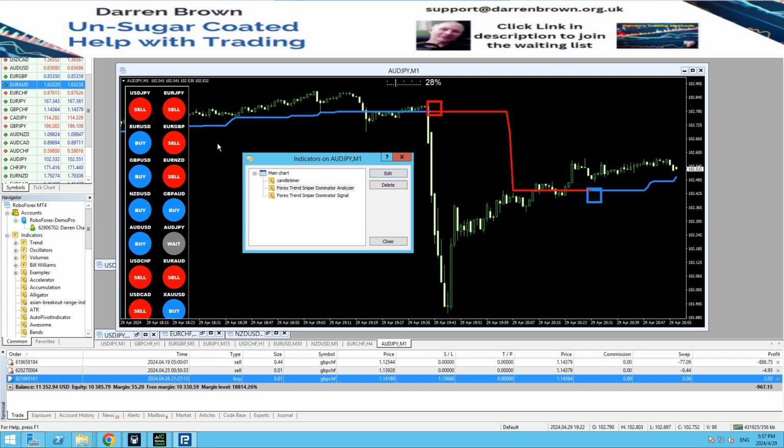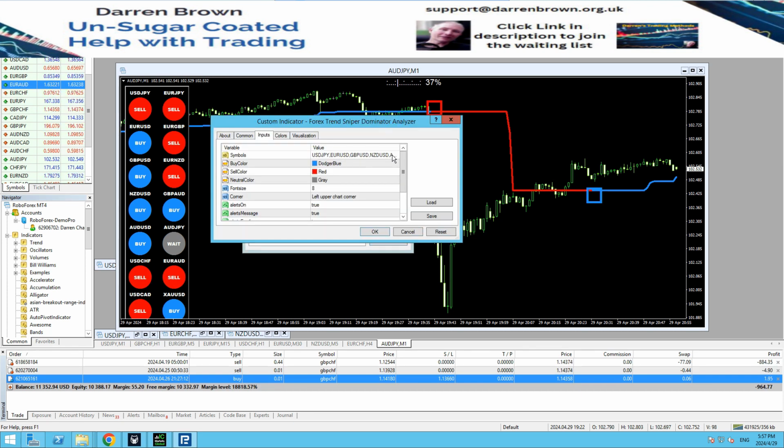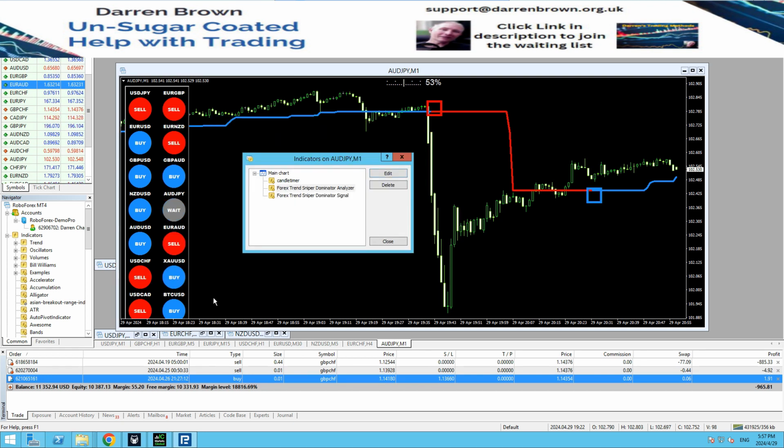And if you wanted to add Bitcoin in here, what you do is exactly the same thing. Let's go to the Forex Trend Sniper Dominator Analyzer, right mouse click, edit, go to here, and put a comma just after the XAU USD, and then put BTC USD, and then hit OK, and you'll see that Bitcoin is right here.